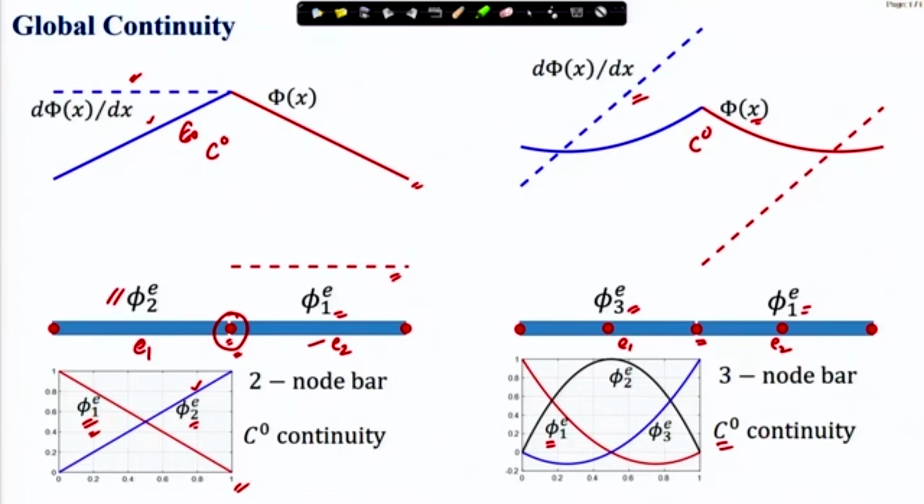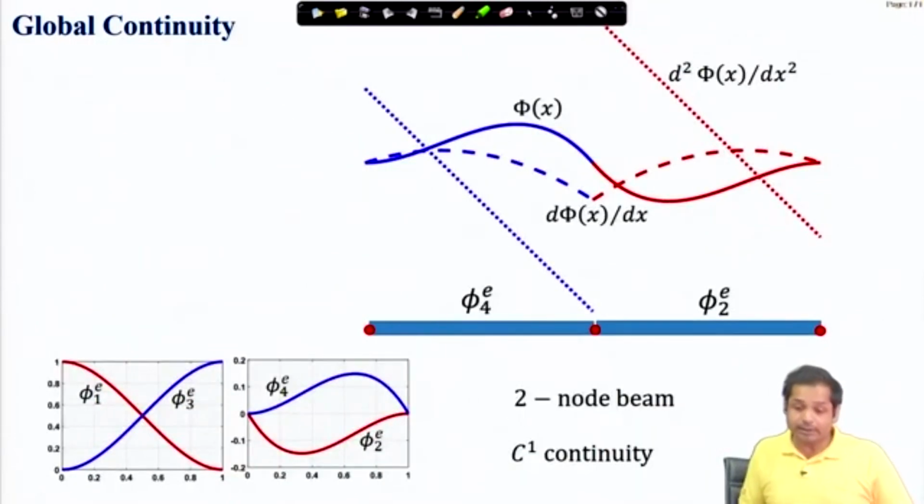And this is not a surprise, because if you recall, how did we compute the shape function, whether it is the 2-node bar element or the 3-node bar element? The only condition we invoked was to interpolate the primary variable, and C0 continuity is enough to satisfy that, right?